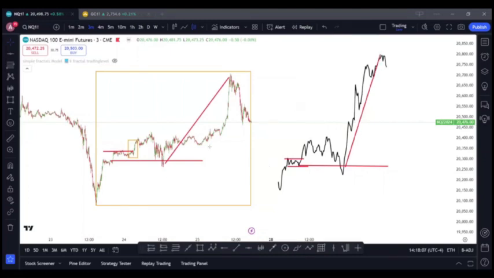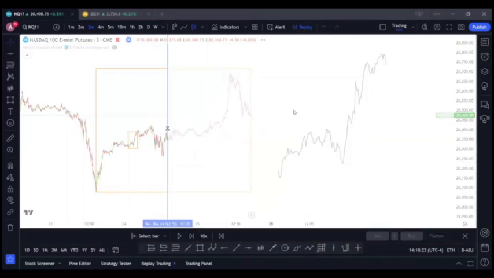So this was the idea of this trade. Right here, we should pay attention to these confirmations. It's very important. So I know that actually this is the right fractal, and I think also that we have right here a setup.